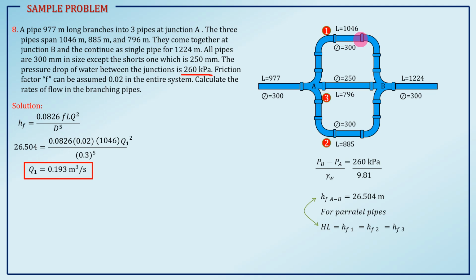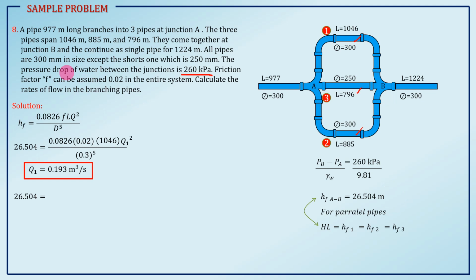Okay? And then, H2 naman. So, HF2 is, again, 26.504 because these are parallel pipes. Whatever head loss you have here is the same head loss here and here. What gives us the head loss here is the pressure drop of the water between the junctions.